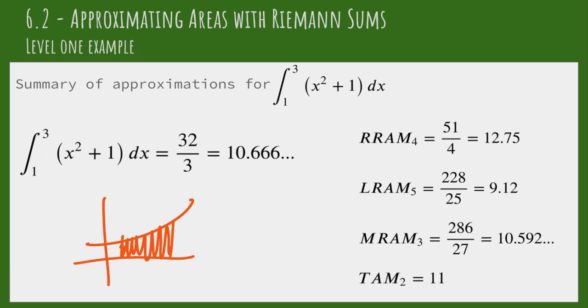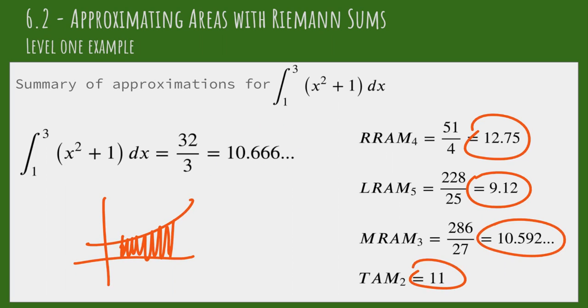If we look at the answers that we got here, they're all in the same neighborhood of that 10 and 2/3, some a little closer than others. But notice that RRAM is a little bit too big, LRAM is a little bit too small. It does turn out that MRAM is a little bit too small, and the trapezoids are a little bit too big. So we predicted all of that based on features of the graph that we knew.